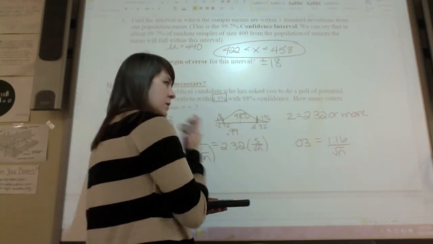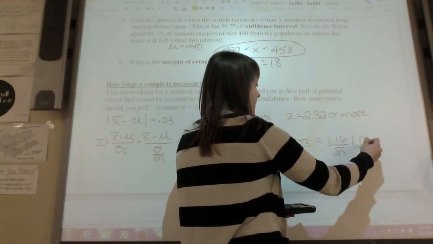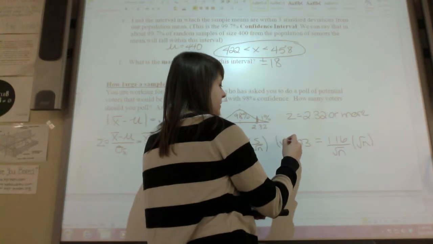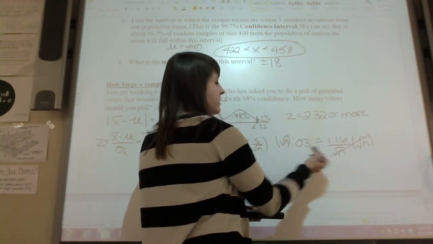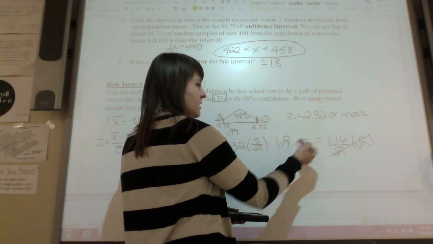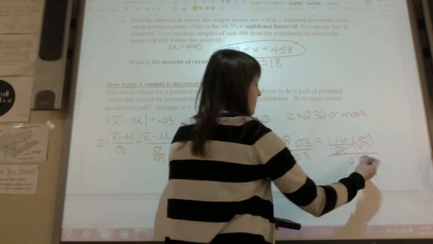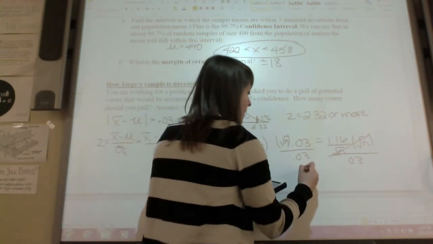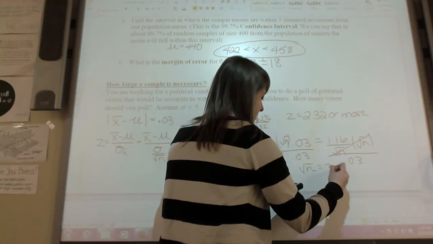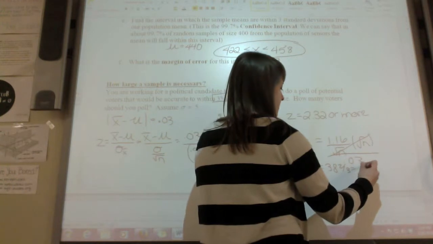Okay? So now, if I want to get this by itself, I'm going to multiply this by the square root of n, multiply this by the square root of n. Okay, that cancels. Now I have 1.16 equals 0.03 times this. So now I'm going to divide by 0.03. So I take 1.16 divided by 0.03, and I get the square root of n equals 38 2/3, or 38.666 repeating.